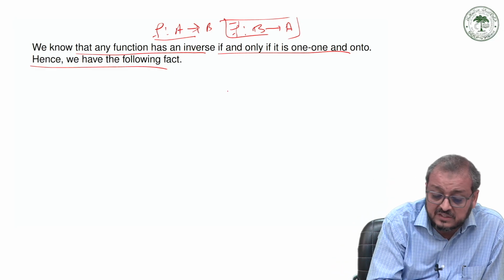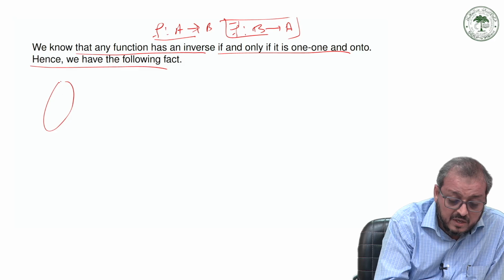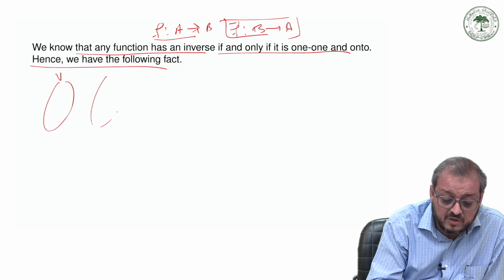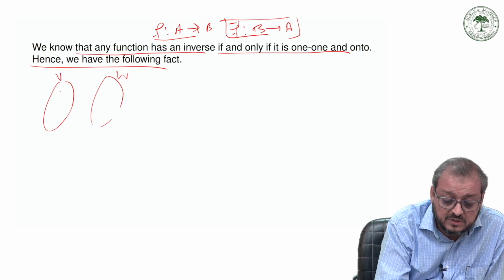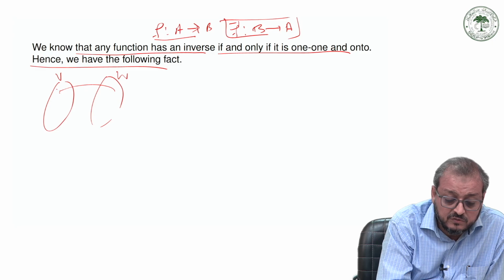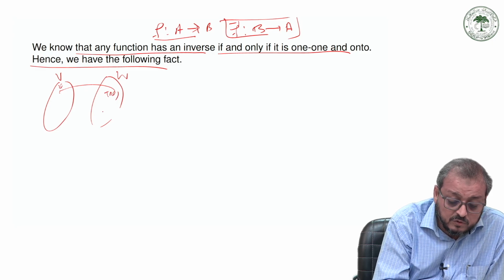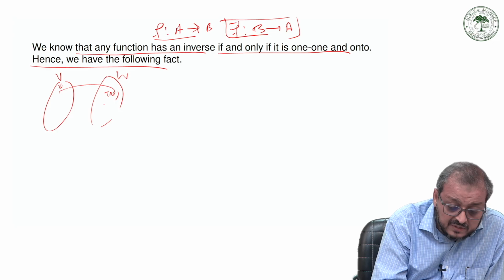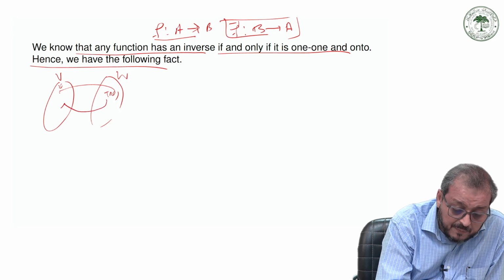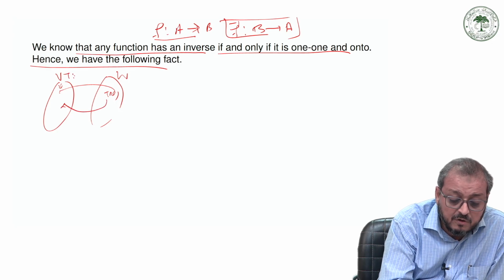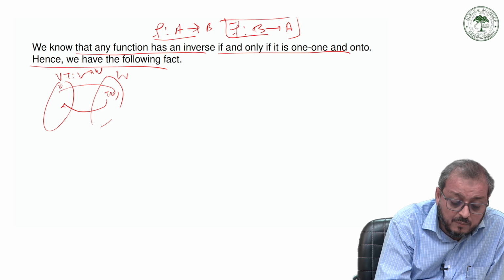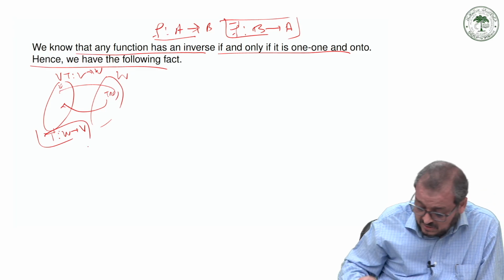Suppose we have vector spaces V and W. A vector V is mapped to T of V, where T is defined from V to W. Then T inverse is always defined from W to V, and that is called the inverse map.